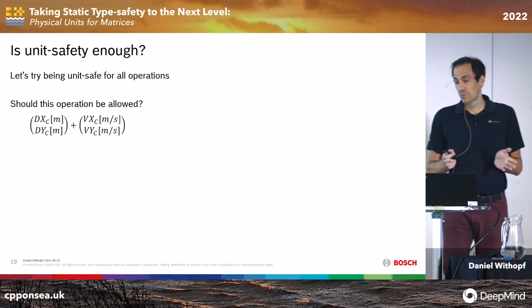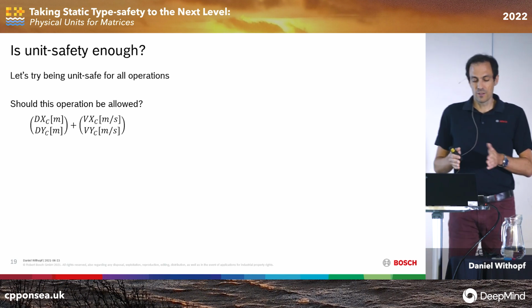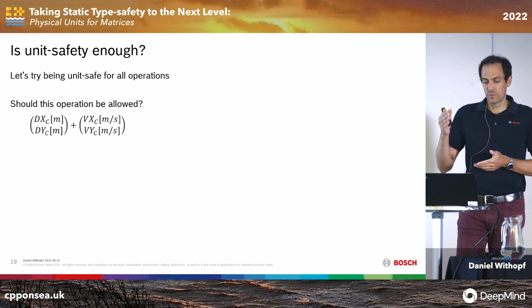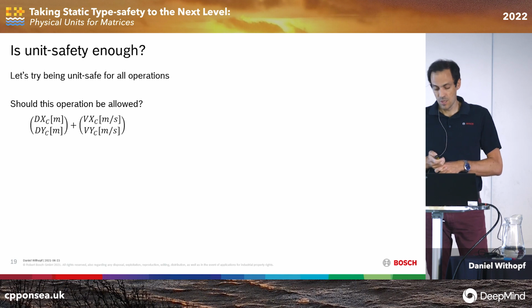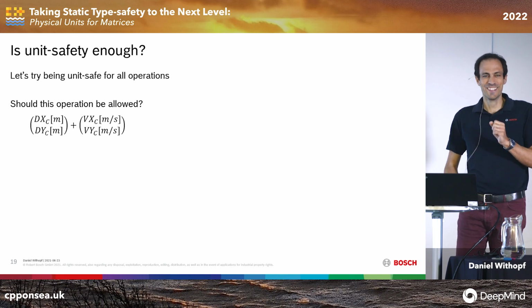Again, a question to you: should this operation be allowed? If we have a vector that contains x and y position with a physical unit of meters, and we add a vector with vx, vy, so x velocity and y velocity in the same frame, with a unit of meters per second, what do you think? Should this be allowed? No, I see. Was there a yes?